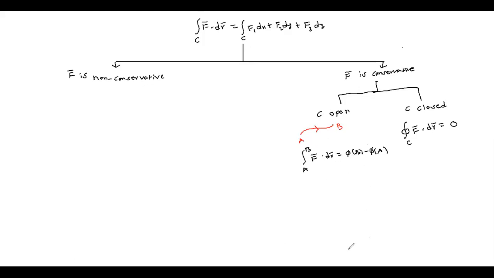F bar equals del phi. Is that okay? So the discussion on conservative field is over. It can be an open curve or a closed curve. If it is a closed curve, the answer is going to be 0.